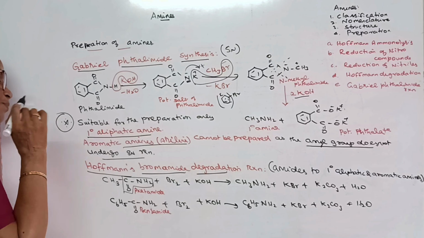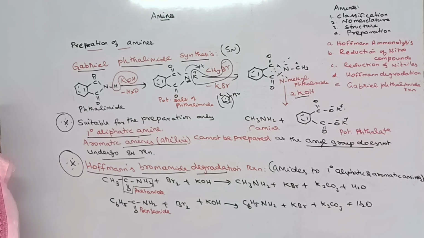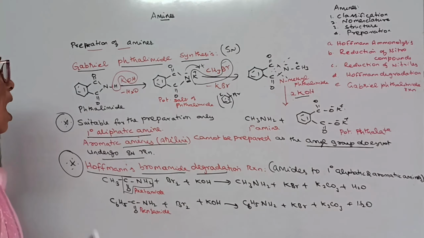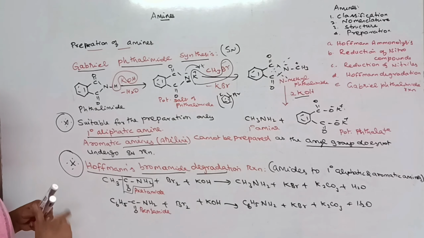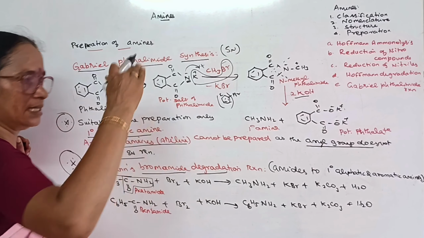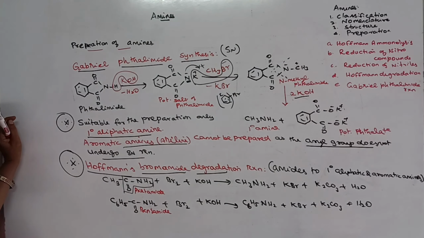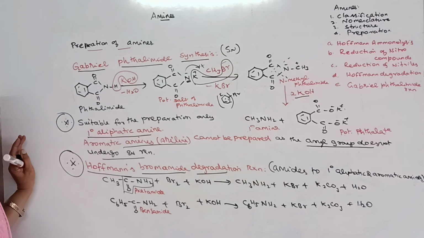The next very important question is Hofmann's degradation reaction, or Hofmann bromamide degradation reaction. Degradation means decreasing. A bromamide is formed as an intermediate during the reaction. The mechanism I will explain later.